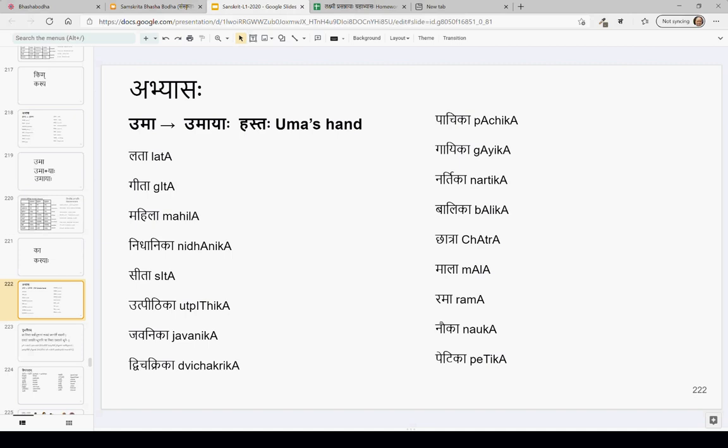Next one, Shivananda. Mahodaya. Shashti Vibhakti form of any two words and any other word matching with it. You can use your own word or something from here. I would say Lata, Latayaha.